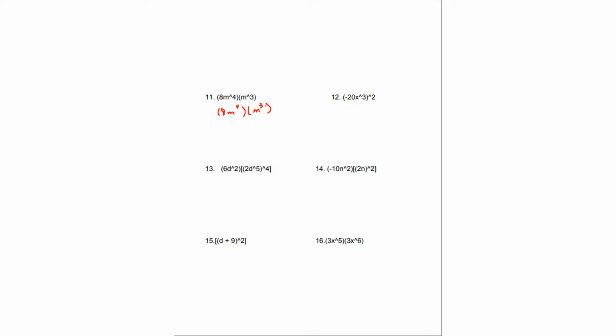So this means that you're just gonna multiply just like before. So this simplifies to m to the power of 7, but you're just gonna add the 8 in front. So it's going to be 8 times m to the power of 7.